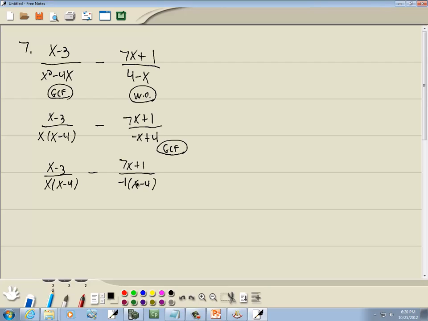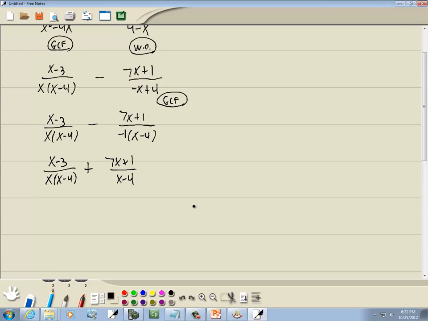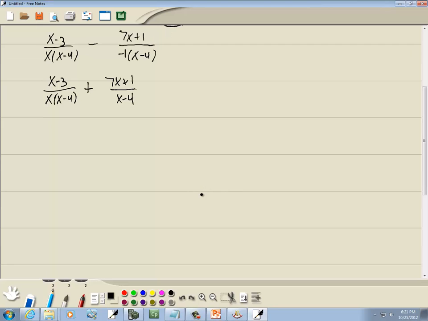So the negative x becomes positive x, the 4 becomes a negative 4. So we got x minus 3 over x times x minus 4. Now this negative here, I could go ahead and put that out in front of my fraction. And then I'd have a negative negative, which becomes a positive. By doing that, it actually makes our problem a little bit simpler.